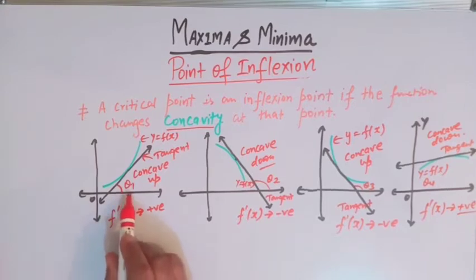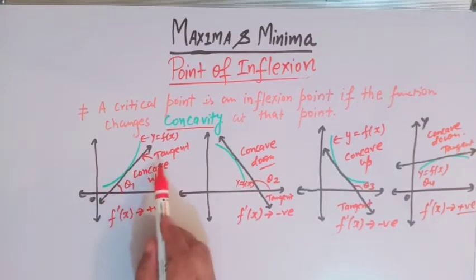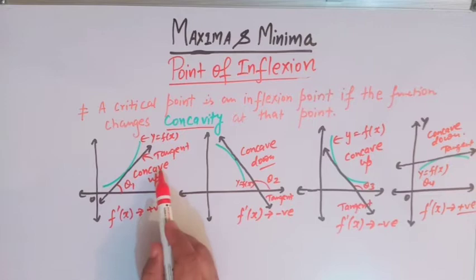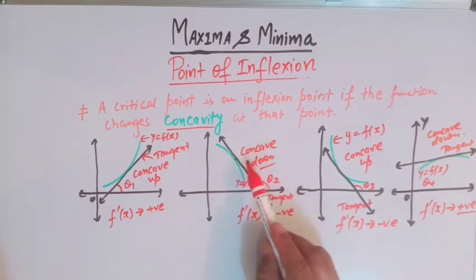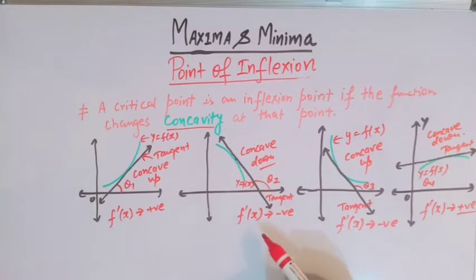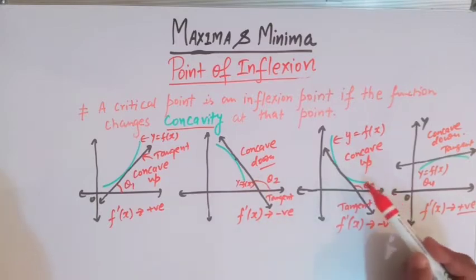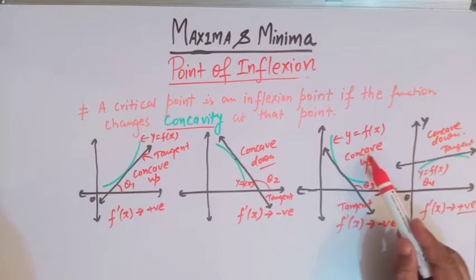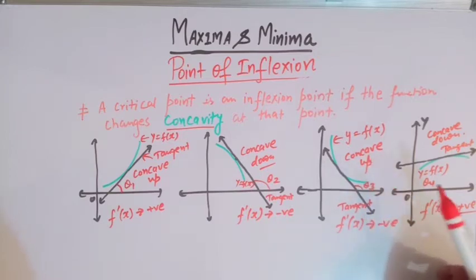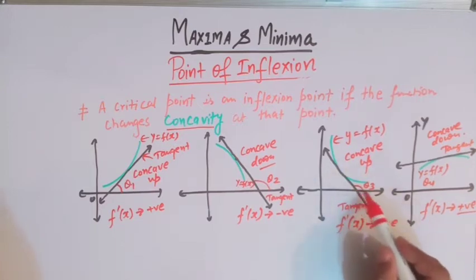Therefore in this case we have this function as concave upward and increasing, because the derivative is positive. And in this case the function is concave down and it is decreasing. In this case again the function is concave up, but the function is decreasing because the derivative is negative as the slope is negative.